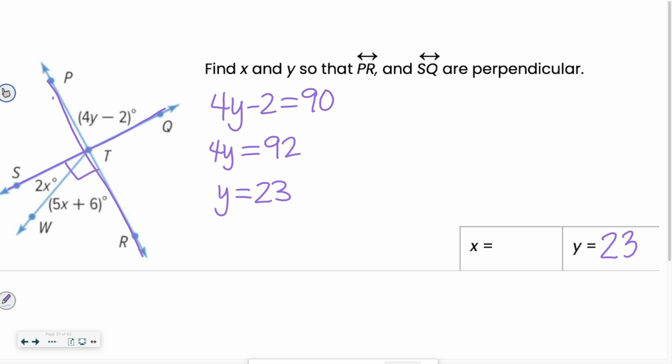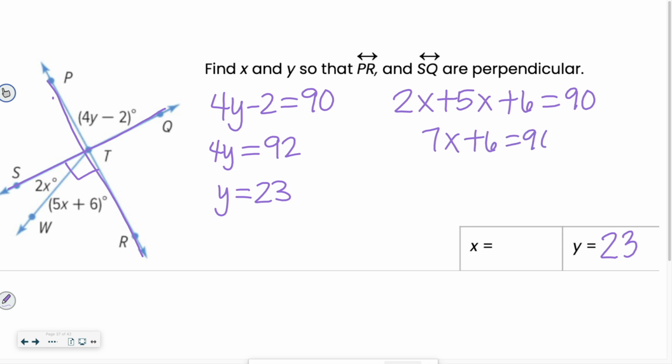Together, those two angles make 90 degrees. Is it 12? Someone should check my work. I think it's 12. Yeah. Okay.